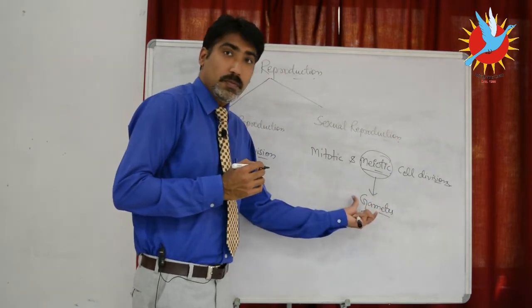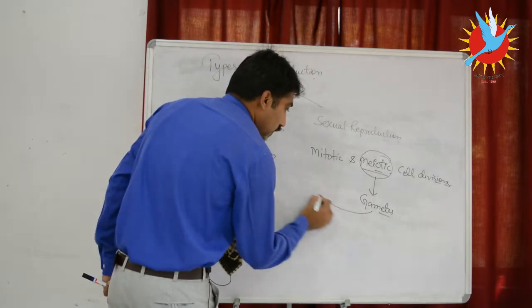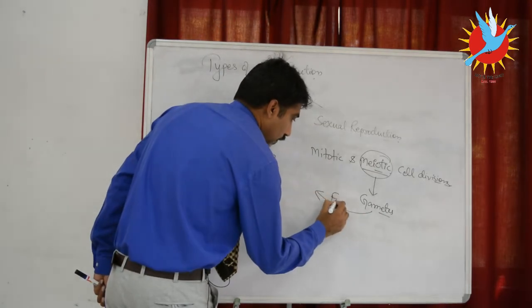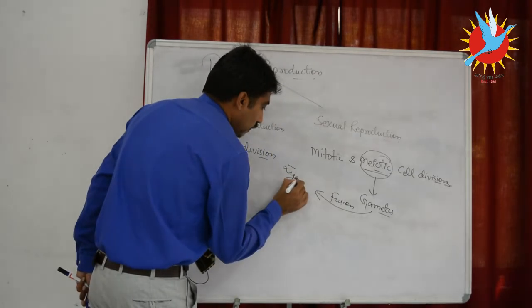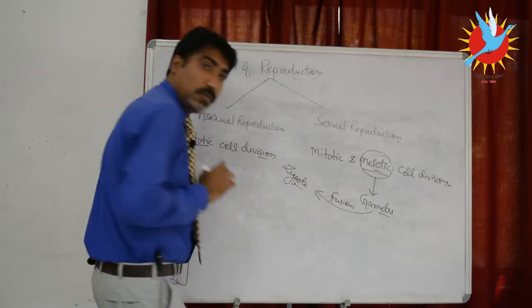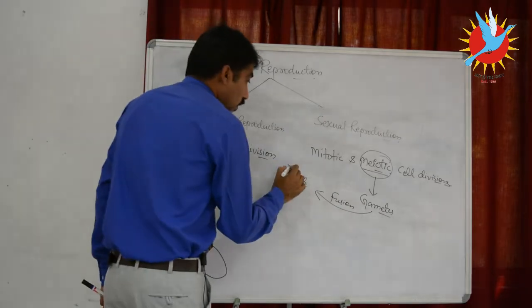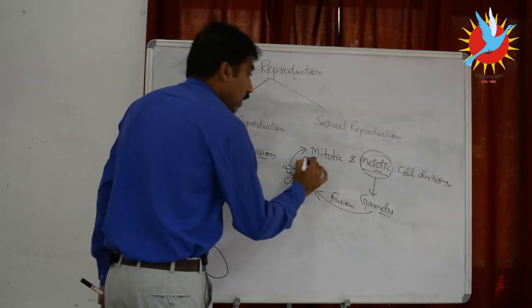When gametes are produced, after the fusion of gametes, zygote is formed, and zygote will follow the mitotic division.